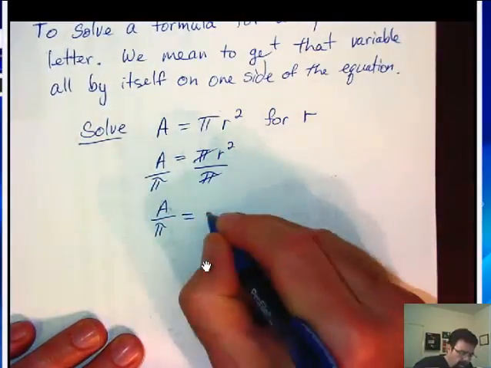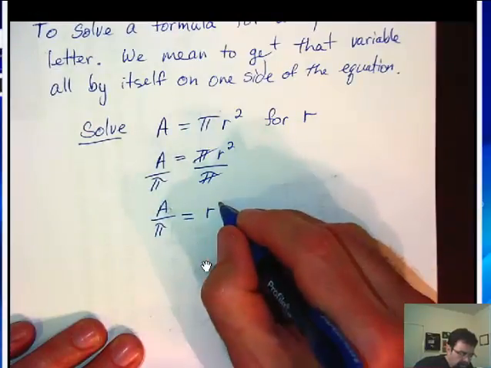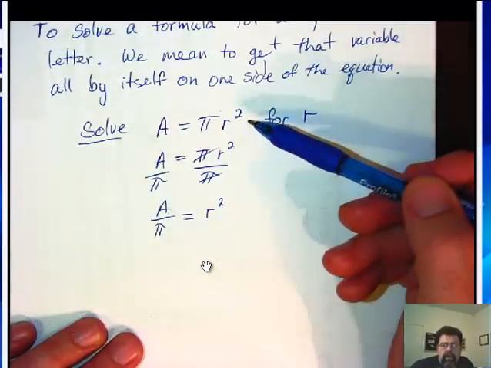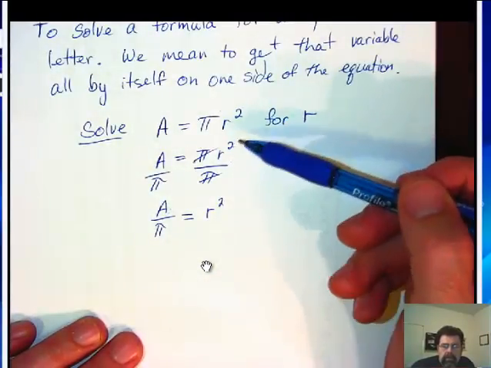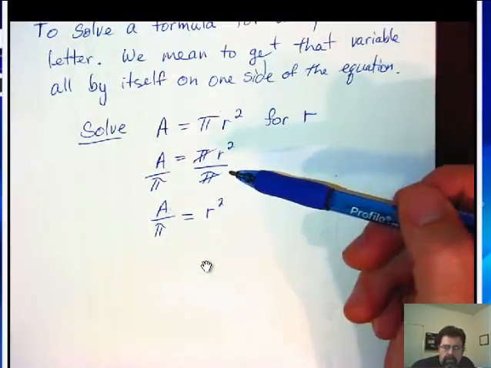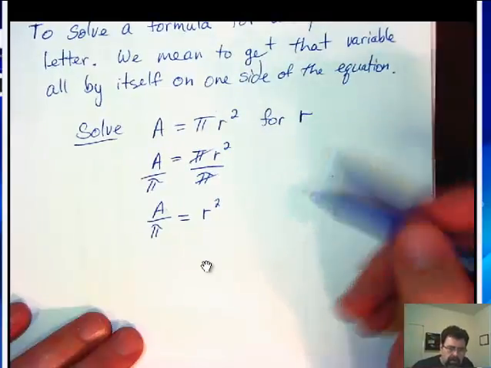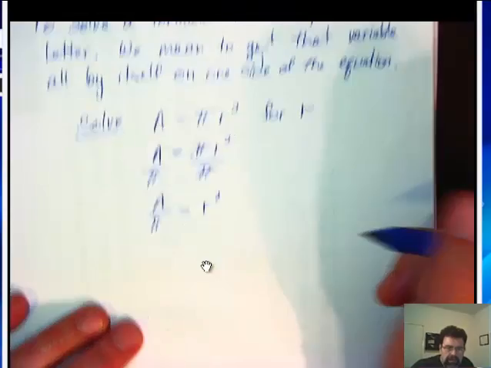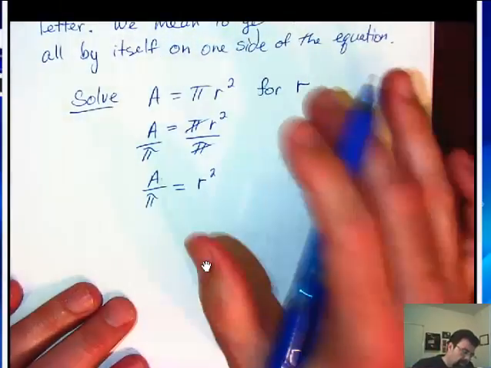Now we want r, not r squared. The problem here is this is actually a quadratic equation, r squared. We'll cover this in more detail later. You probably should have seen it at the end of Math 50, but just in case, don't worry about it too much right now.